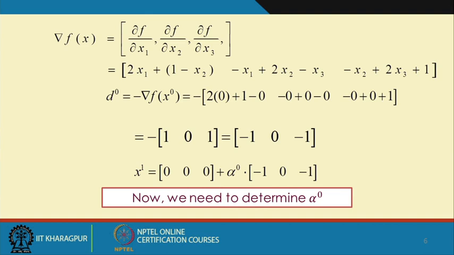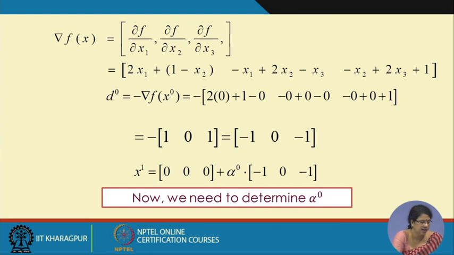Then the question is how to calculate alpha 0. In a similar manner, because we are getting x1 as a function of alpha 0, we can find the functional value at x1, which will be a function of alpha 0.